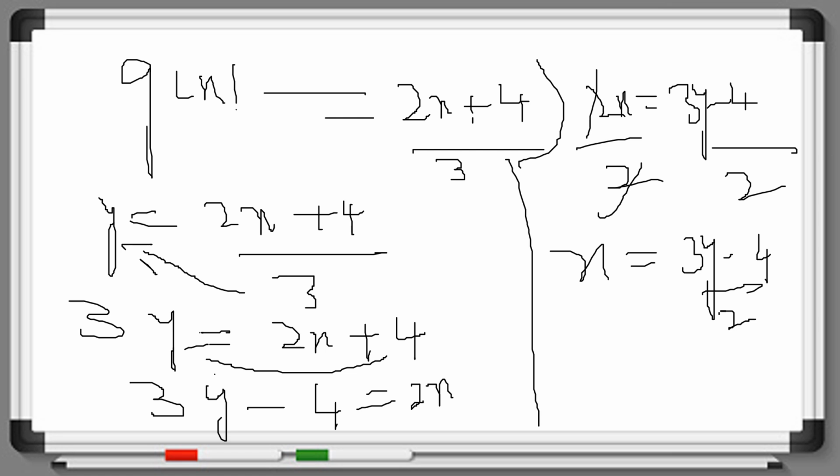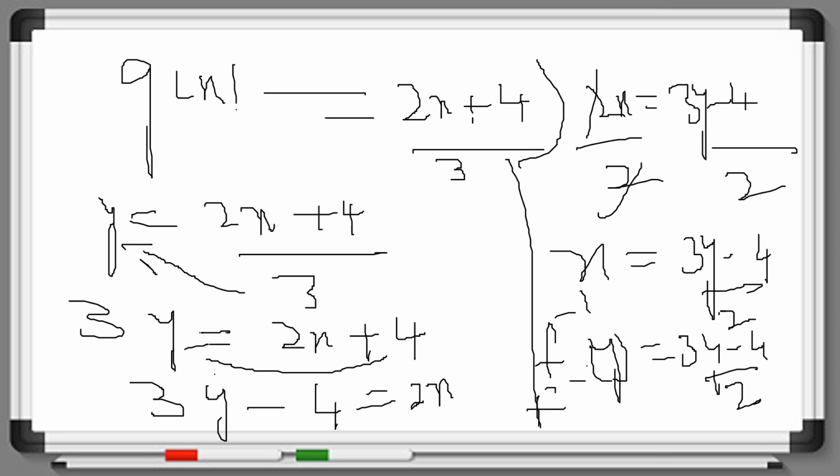Now boys, see here, in place of x, I can write f inverse of y. F inverse of y is equal to 3y minus 4 by 2. Now in place of y, I replace x. Last step, f inverse of x is equal to 3x minus 4 divided by 2.